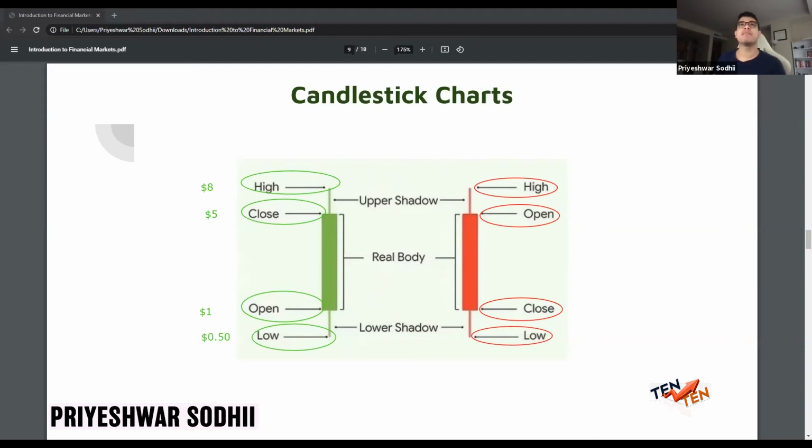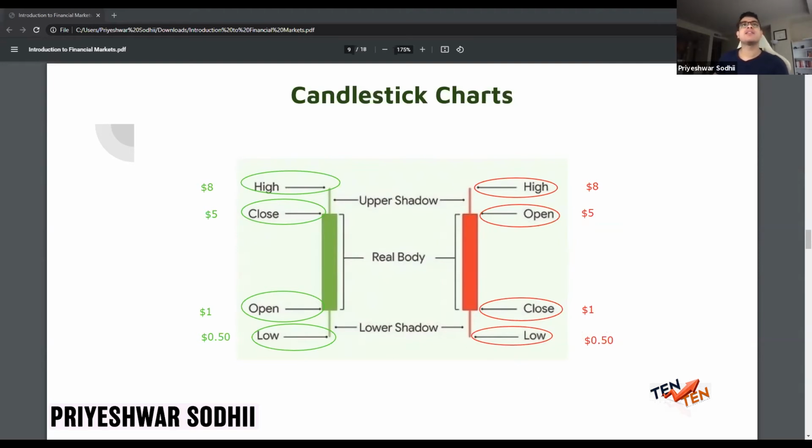And let me just quickly make this easy to read. So let's say we'll use the same numbers just to keep it simple. So now what we're saying is the price opened at $5. Remember, $5 is opening. It went as high as $8. And it also went as low as 50 cents.